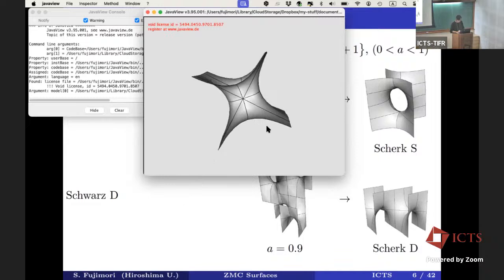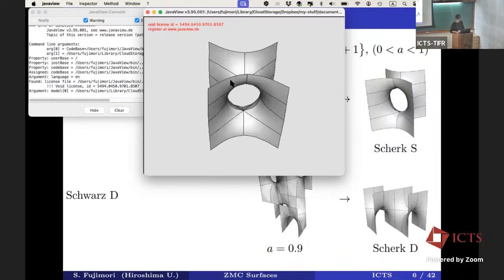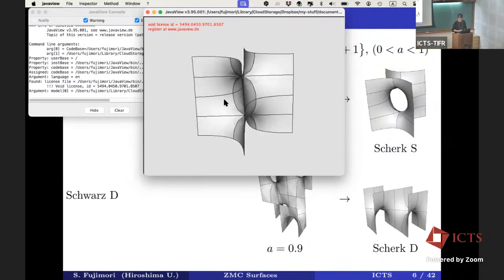So this goes to infinity. So this is also an end, this is an end. So we have 4 ends. But in the vertical direction, if we translate the surface, then this part and this part can be identified analytically. So this is singly periodic in the vertical direction.